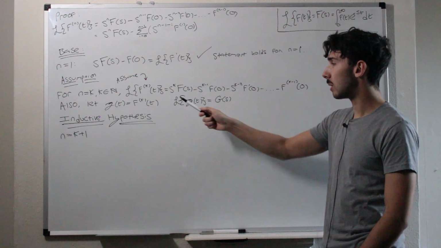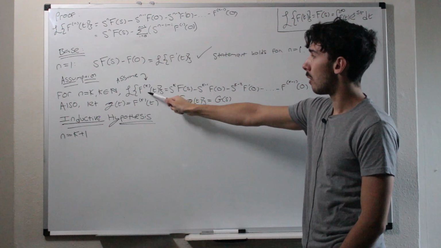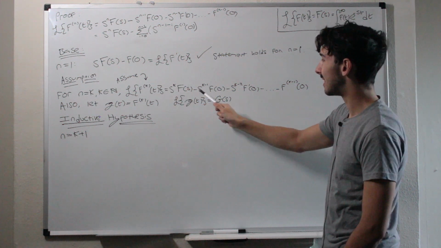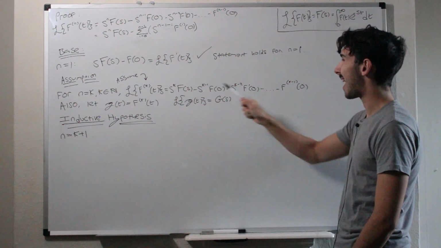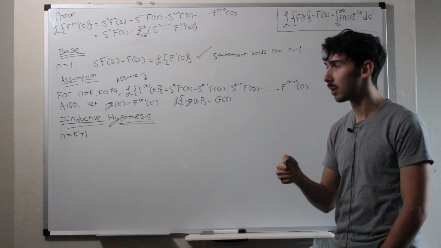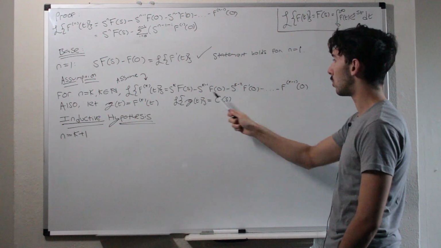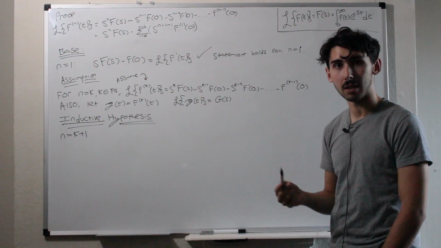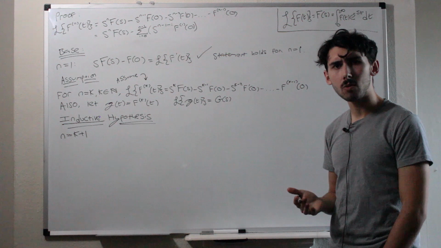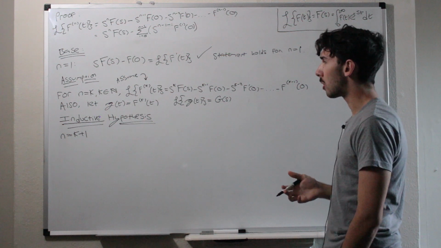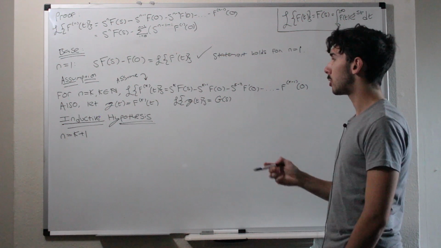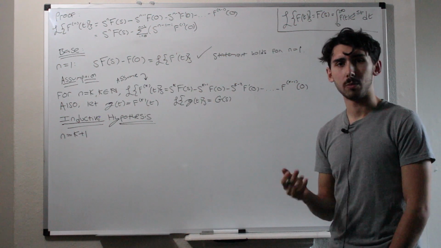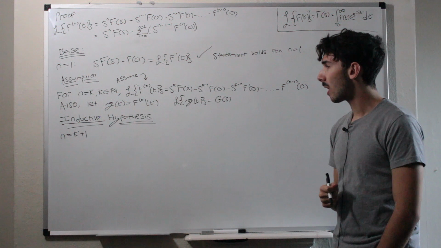So we basically want to get that the Laplace transform of the k plus 1th derivative of f of t is given by this exact formula, but the k's need to be k plus 1s, okay? So basically just increase all of these powers by 1, if that makes sense. We need to make it look like that. So how are we going to do that? Well, it's difficult because you can't just substitute it in, of course, because you're allowed to assume that it holds for k, but you can't assume it holds for k plus 1. That would be not very good at all. So how are we going to do it?